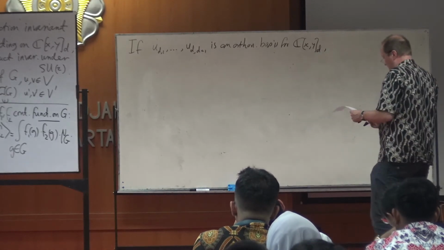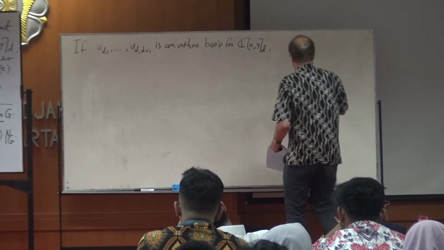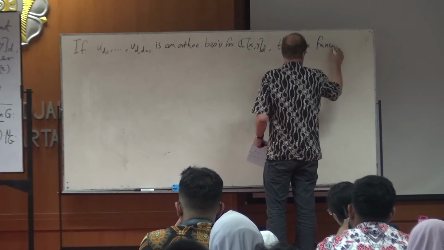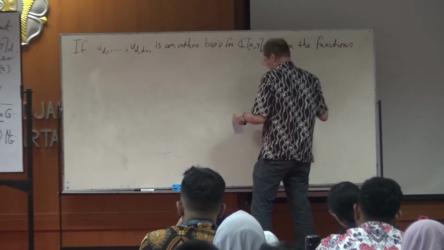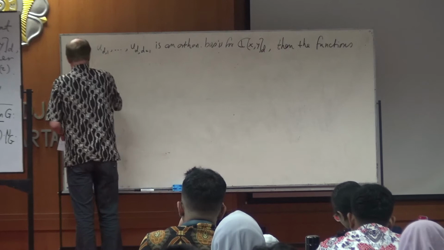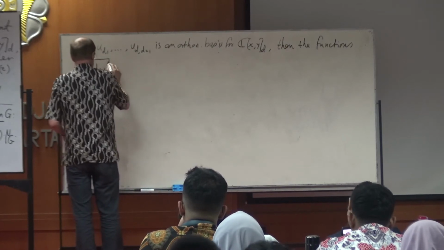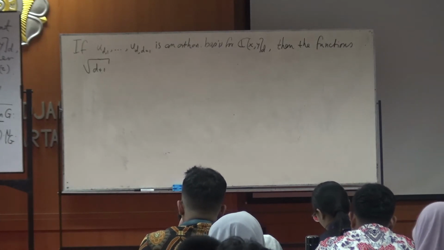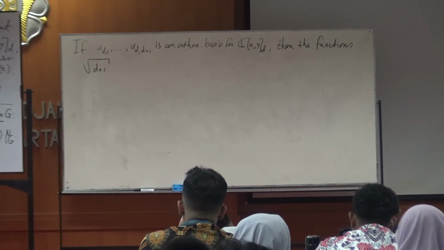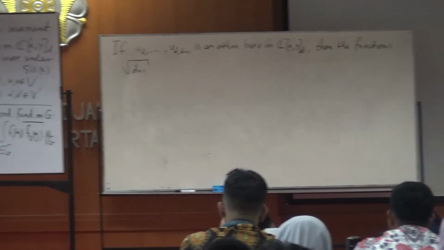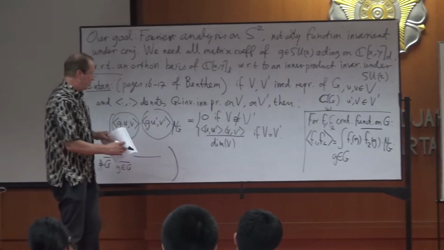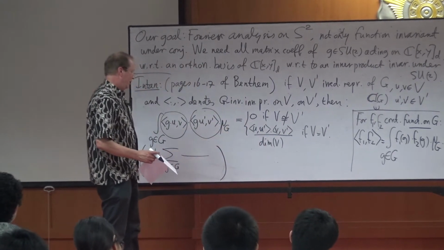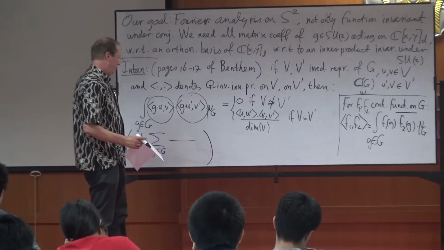So that is an interesting thing in itself. Then the functions, and which functions are they? Well, they are square root of d plus 1. The square root is there because here is a division by the dimension. And you see that I want inner products to be 1 and not 1 over this. So I scale the functions with that.